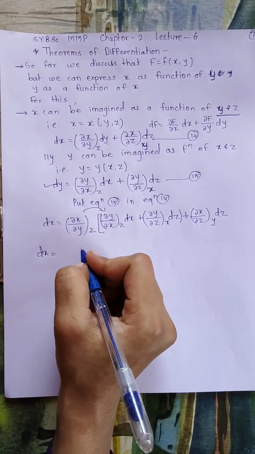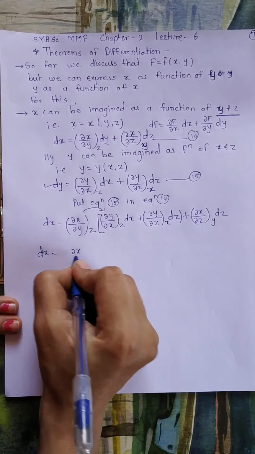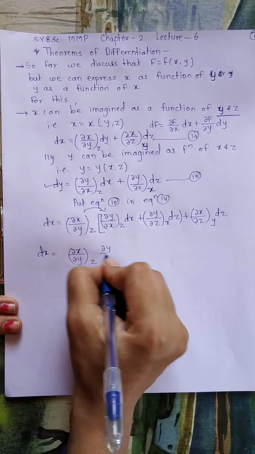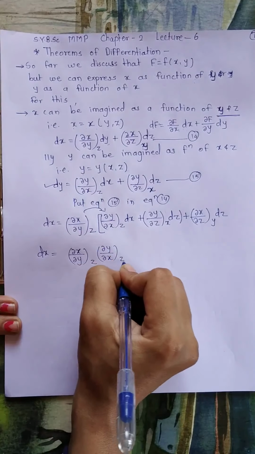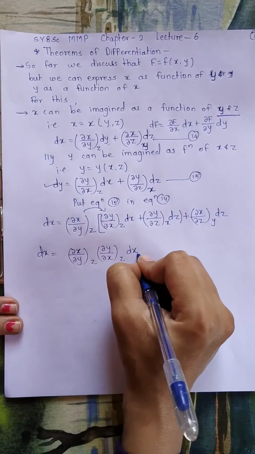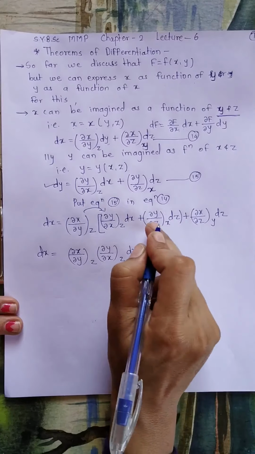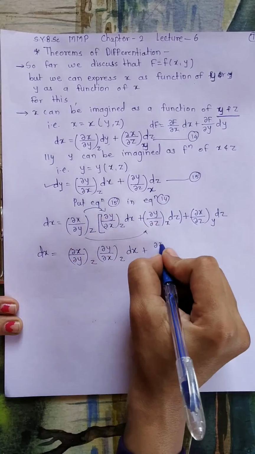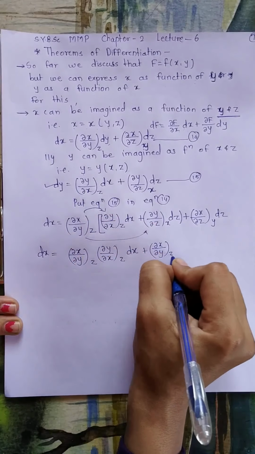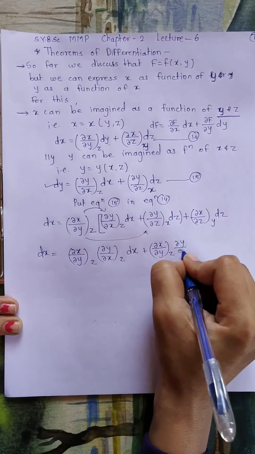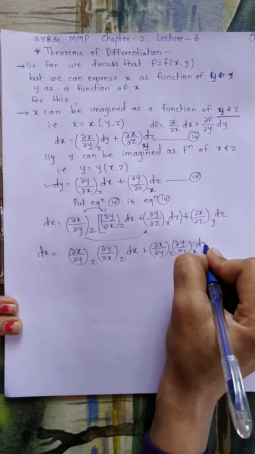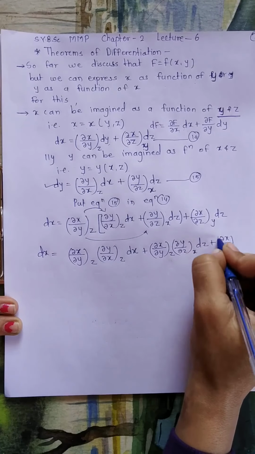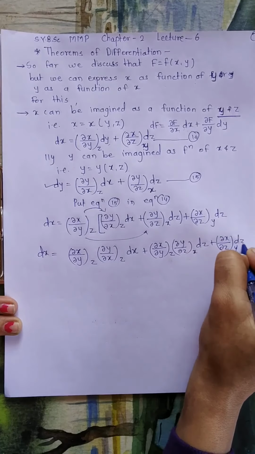If we multiply, we get dou x upon dou y at constant z into dou y upon dou x at constant z into dx, plus dou x upon dou y at constant z into dou y upon dou z at constant x dz, plus the remaining dou x upon dou z at constant y into dz.